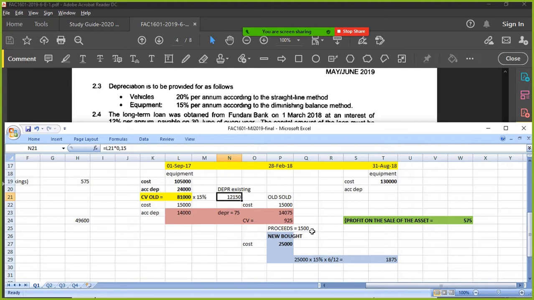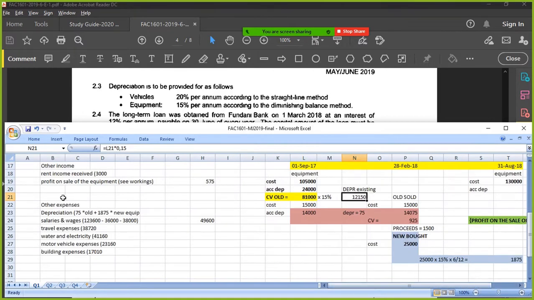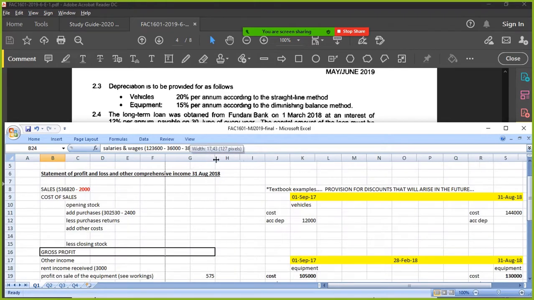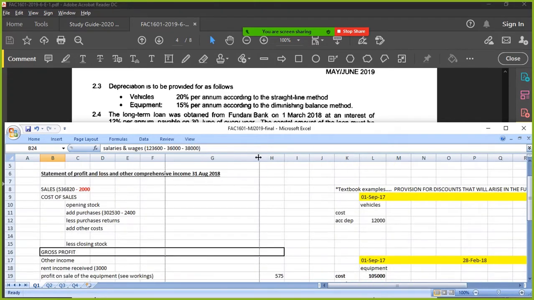Okay, so what is that? 12,150. Equipment existing. All right, this is going to get quite long. Let's move this across. There we go, that's better.